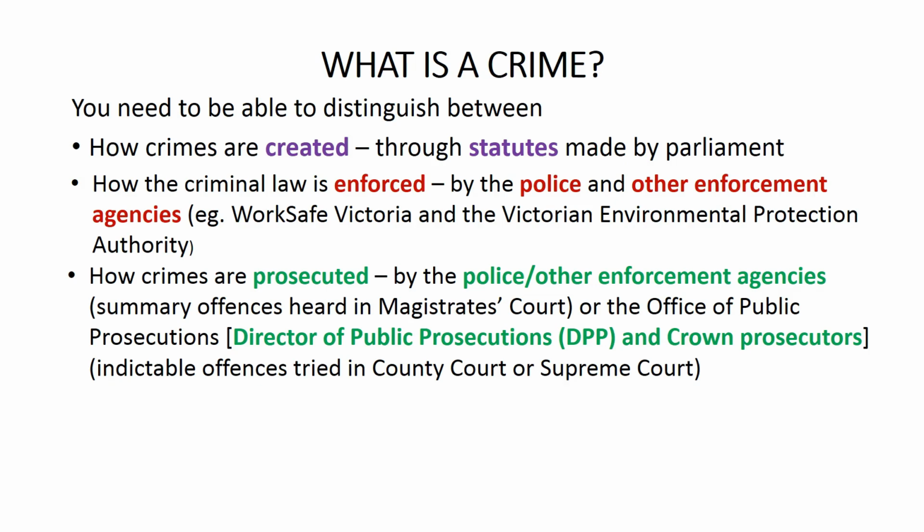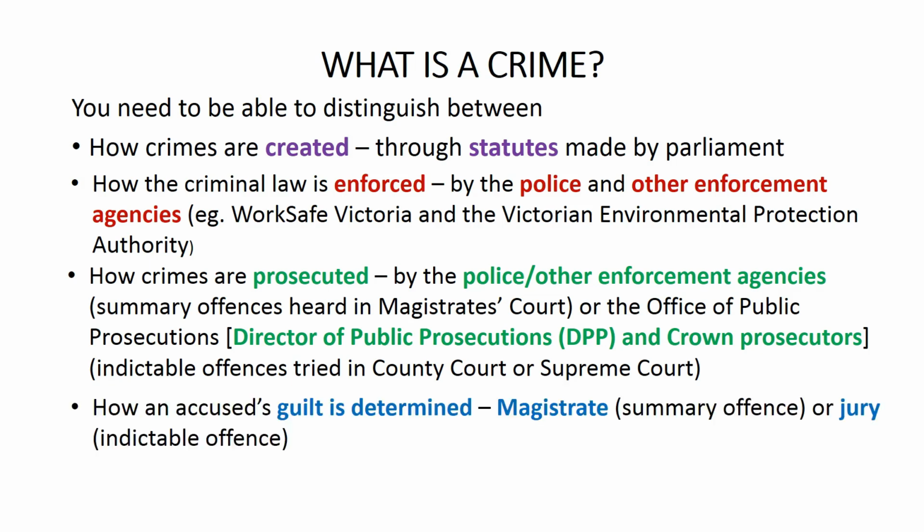These include WorkSafe Victoria and the Victorian Environmental Protection Authority. On the other hand, it is the Director of Public Prosecutions, together with the Director of Public Prosecutions staff of Crown prosecutors, who prosecute offenders for committing more serious offences called indictable offences. Indictable offences are prosecuted in the County Court or the Supreme Court.